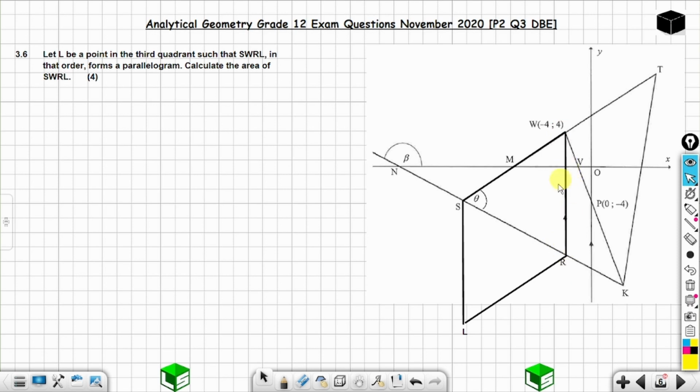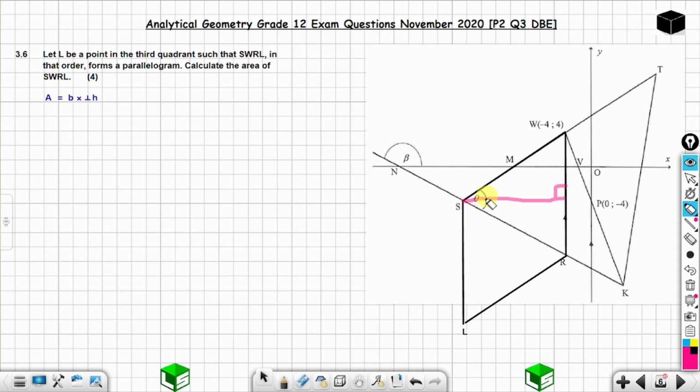Can you see? So now the area of a parallelogram is equal to base times perpendicular height, okay. So if I use this as a base, the perpendicular height is going to be this.